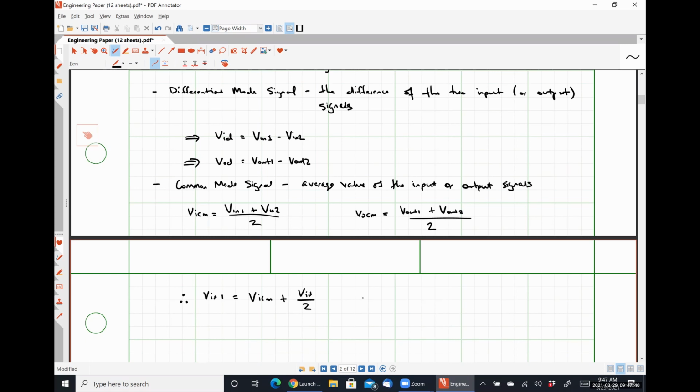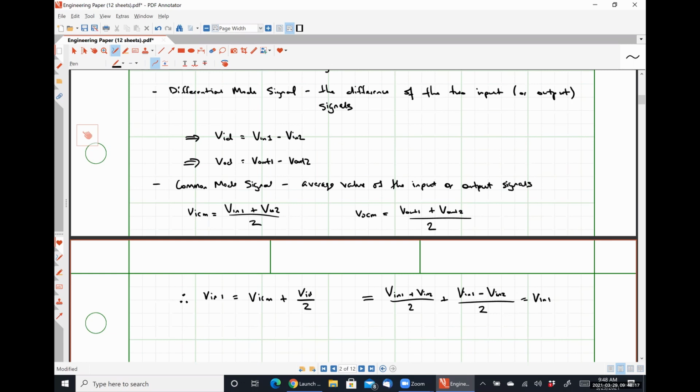So just to make sure I'm not telling tales out of school here, this would be VN1 plus VN2 over 2 plus VN1 minus VN2 over 2, which is exactly equal to VN1, right?